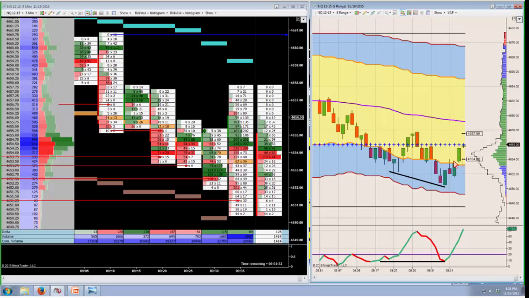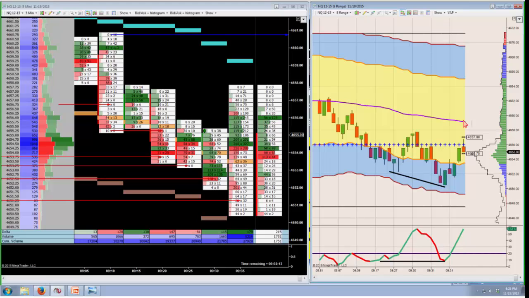And what I would be saying to myself is, okay, if this can go, the next area I'm probably going to get stuck on is going to be this value area from yesterday. Then if I can get through there, I'm looking at possibly hitting the point of control if it can go. We don't know yet that it wants to go.